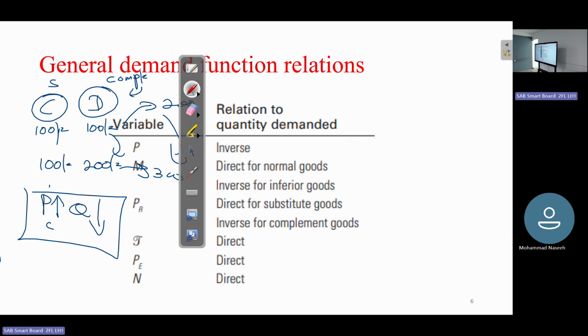Consumer demand. When the consumer income increases, why does it increase?